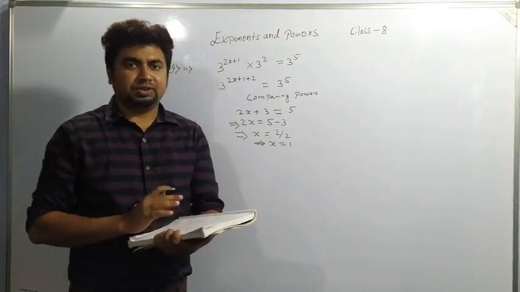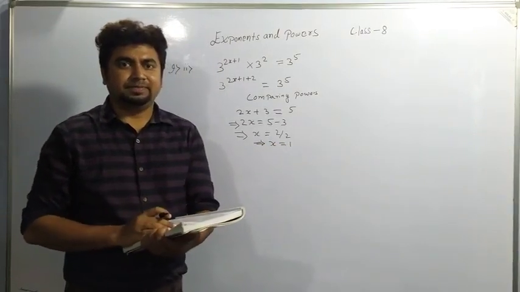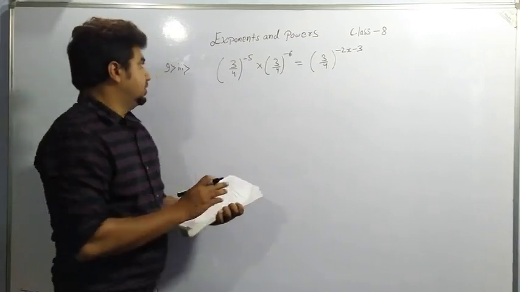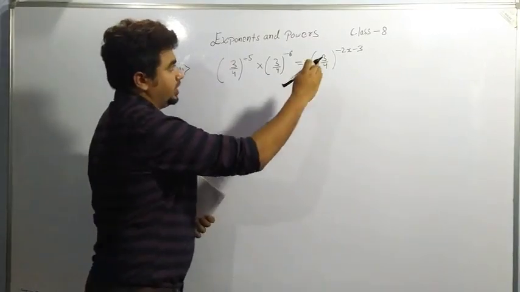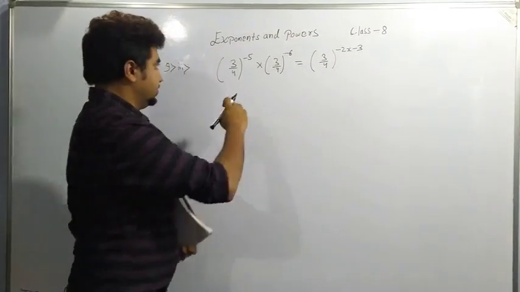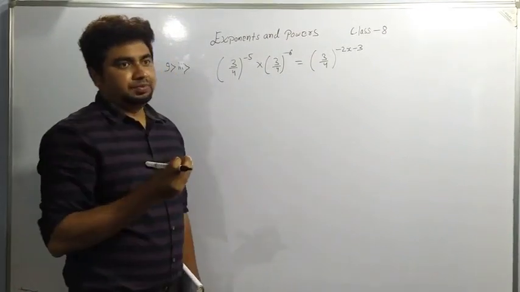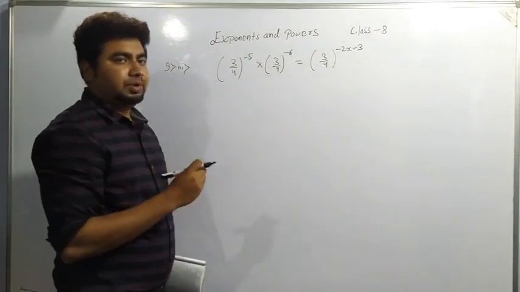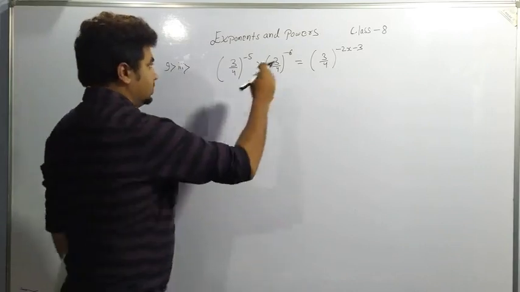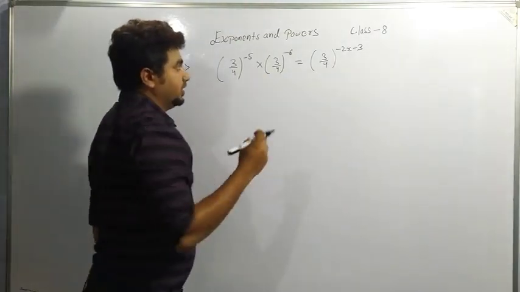Now we'll be moving to question number 9 bit 3. Okay, now again we have to find the value of x. Find the value of x for which this terms will be equal. So we have to find the value of x for which left side will be equal to right hand side.